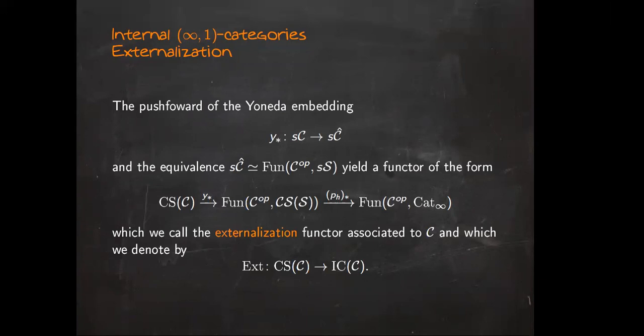And the codomain of that thing can be just curried into being contravariant functors into simplicial objects in spaces. And if we restrict that push forward to complete Segal objects in SC, then we can show that the image of that thing will give us contravariant functors from C into complete Segal objects in S.